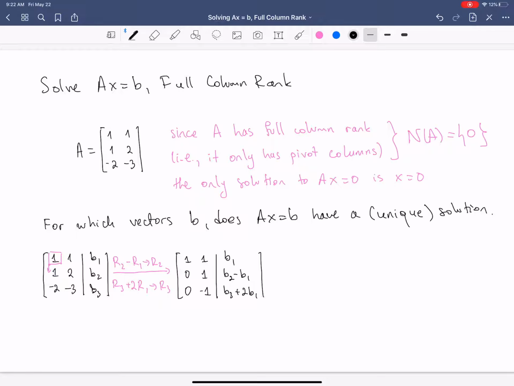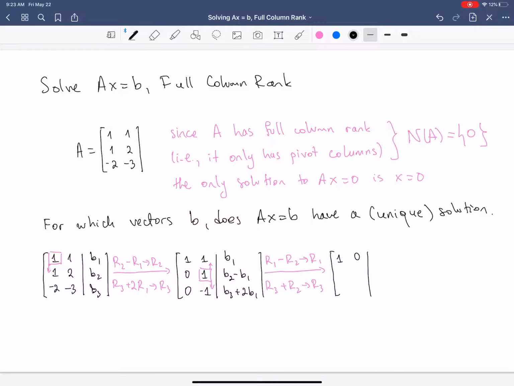And then the next step in getting the reduced row echelon form is to take the second pivot and eliminate both above and below it, so two operations. R1 minus R2 into R1, and R3 plus R2 into R3. Now I'm changing the first row. Here I will have 1, 0, and then B1 minus (B2 minus B1).